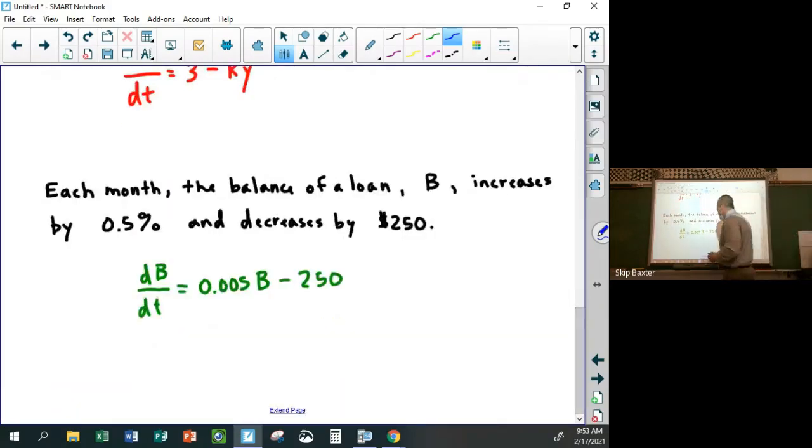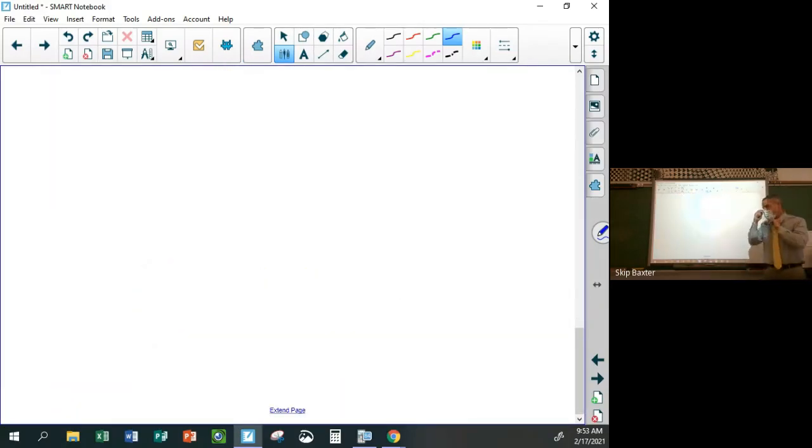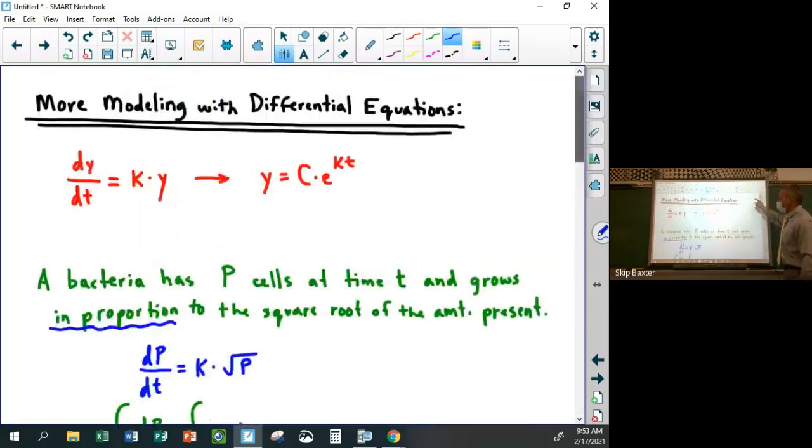Another way that they change it up a little bit is sometimes they'll talk about two quantities being inversely proportional. So remember, if two quantities are directly proportional, it's like this relationship.